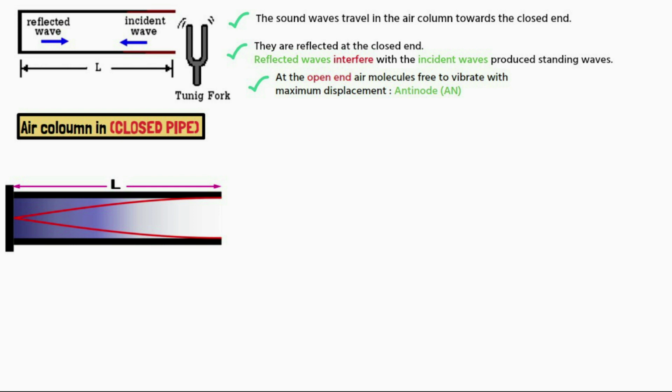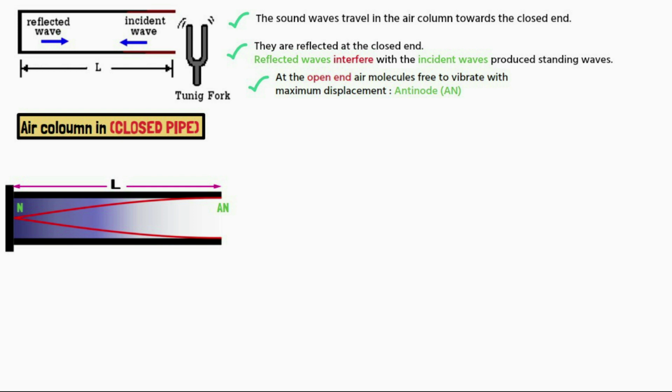So kita boleh labelkan antinode berada pada open side. Okay, bukan pada closed side. So untuk closed side tu kita labelkan sebagai node, and for the open side kita labelkan sebagai antinode. Mesti yang terbuka itu antinode.